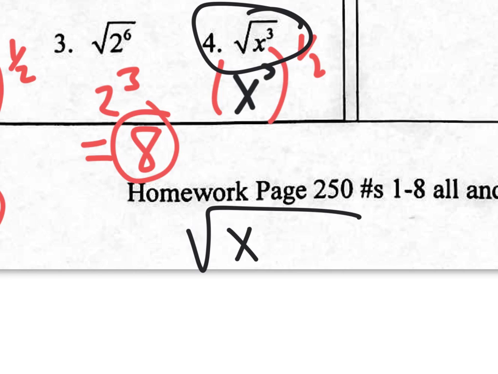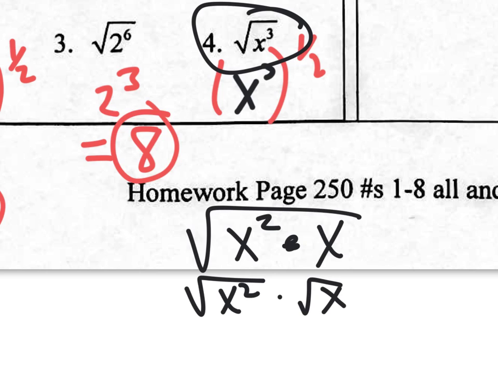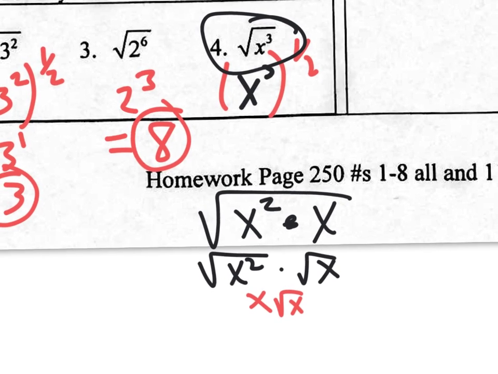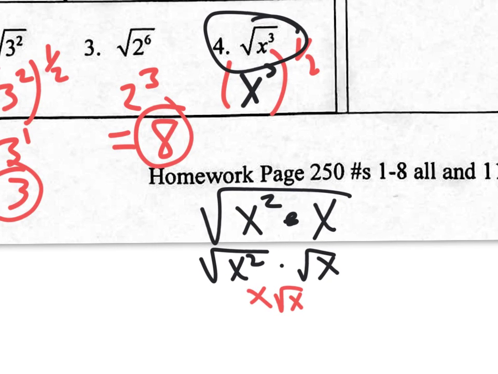Let's rewrite it as x squared times x. Now, why would I do that? Because when I split it, I have the square root of x squared times the square root of x. I could actually do the first square root of x squared, which is what? x. And the second one, you just leave it alone. So your final answer there would be x square root of x.